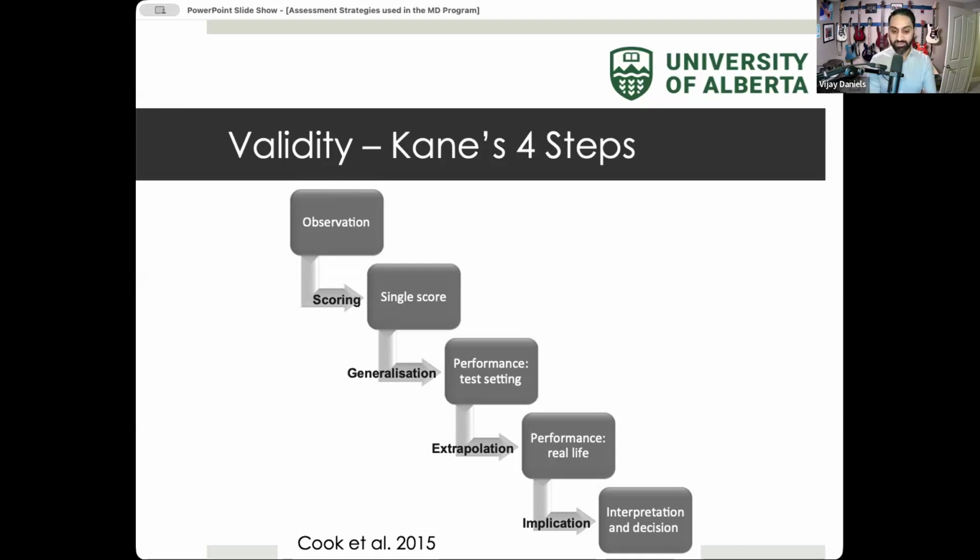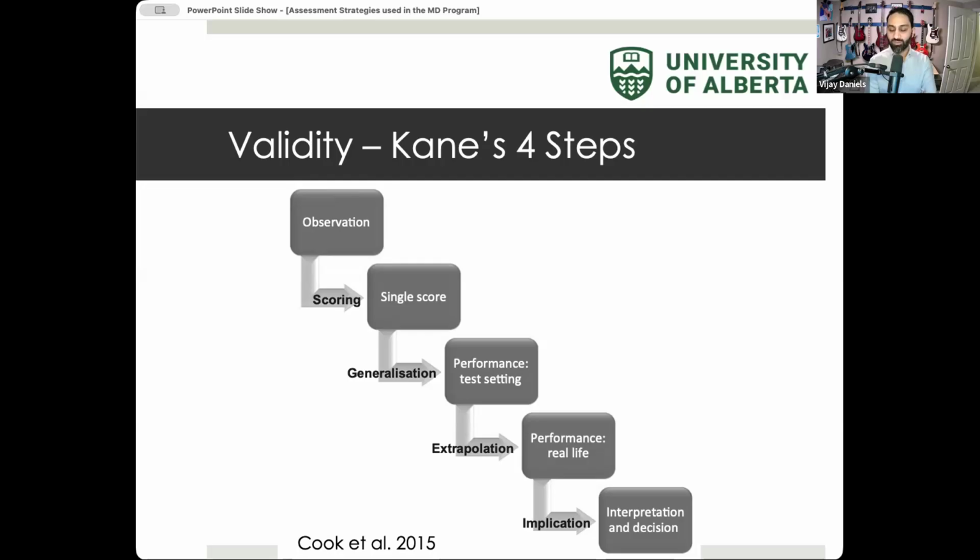But if I use the example of workplace-based assessment, what you will see with your student in a 6-week family or 8-week family medicine clerkship is not going to be the same as you see with the next student. So you can see how generalization may be less robust evidence compared to the extrapolation to real life. When I teach people how to write OSCE stations, the first question is, would you actually only give them 6 minutes to do this task in real life?